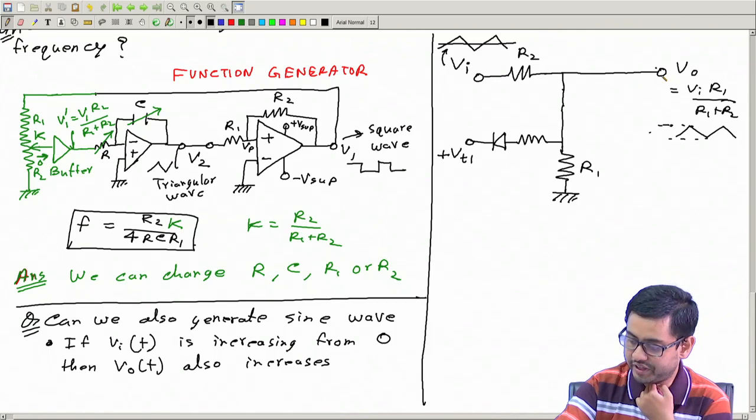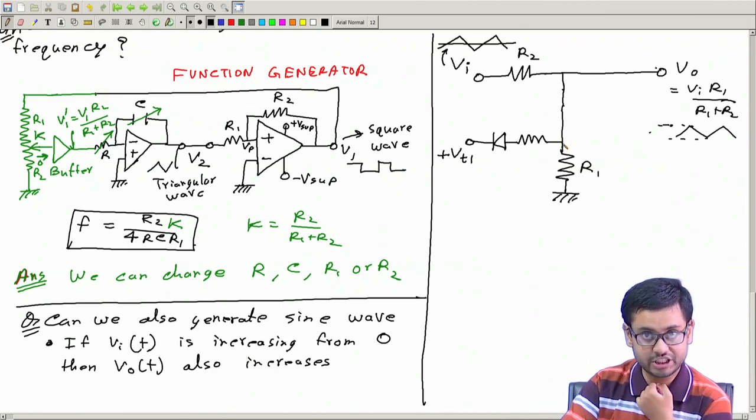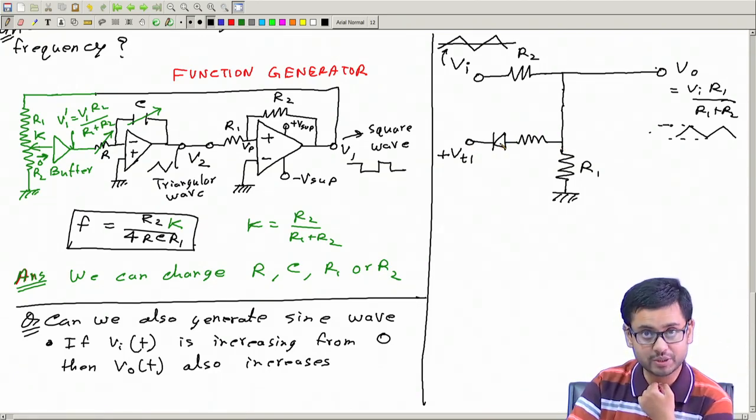Okay. So this voltage Vo, which is also the same voltage here, will also increase, but initially it is 0. Okay. So initially this is at 0 voltage and this is at a positive voltage. So this diode is reverse biased.